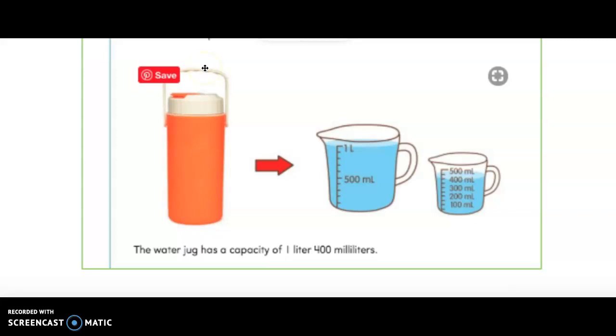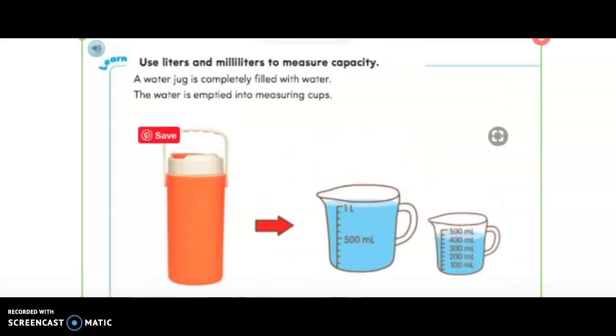Okay, remember, capacity means the entire thing is full. Can't fit any more or it would be overflowing. So they first dump it into this measuring cup that has a max capacity of a liter, and then they pour it into the rest of this measuring cup, which brings us to 1 liter, 400 milliliters.